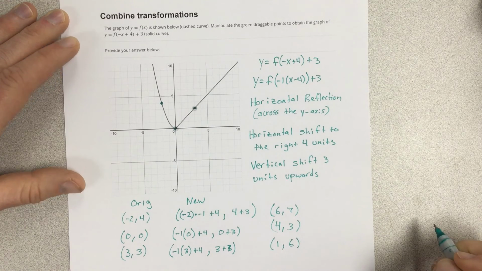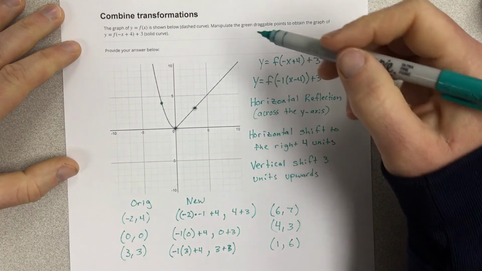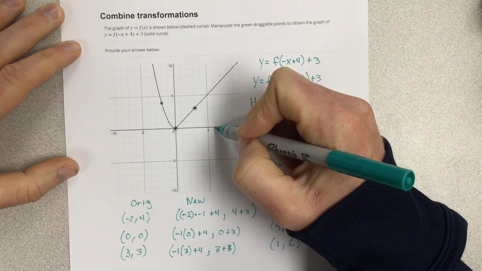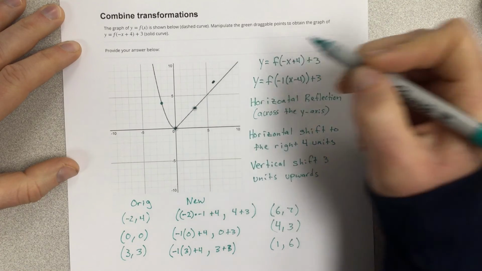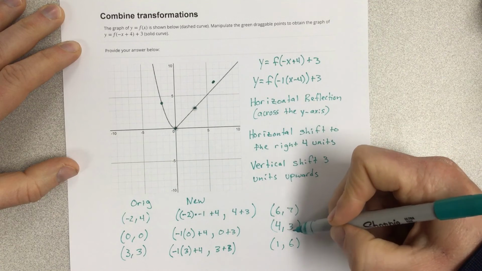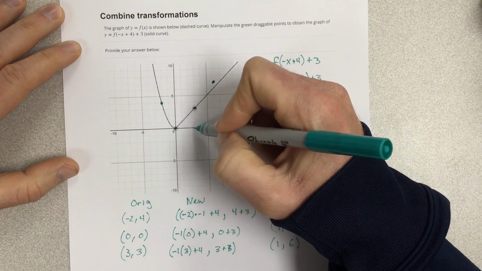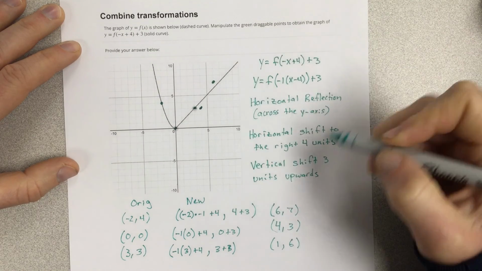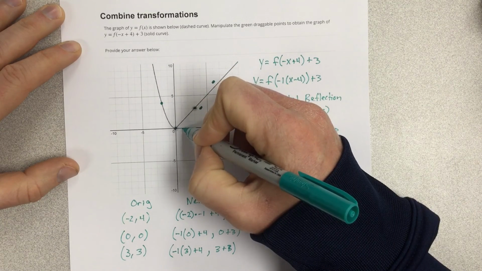So now I can graph these. Let's go over and mark 6, 7 right here. 4, 3. So 1, 2, 3, 4. 1, 2, 3. And then 1, 6.